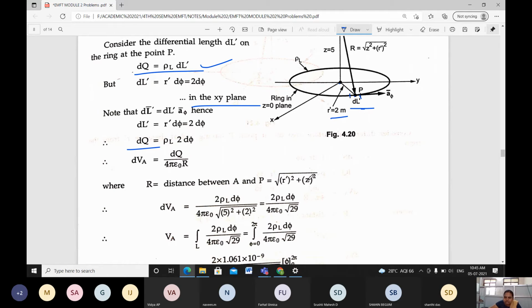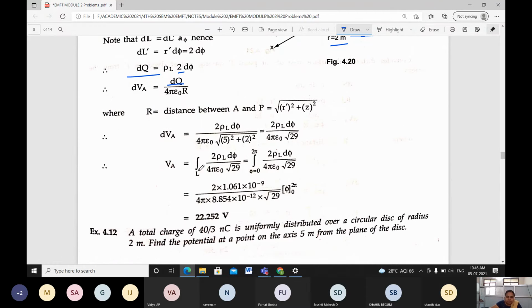Therefore dVA is going to be equal to 2 into rho L into d phi, that is our dq, divided by 4 pi epsilon naught square root of 5 square plus 2 square. Then we will put it as 2 rho L d phi divided by 4 pi epsilon naught square root of 29.